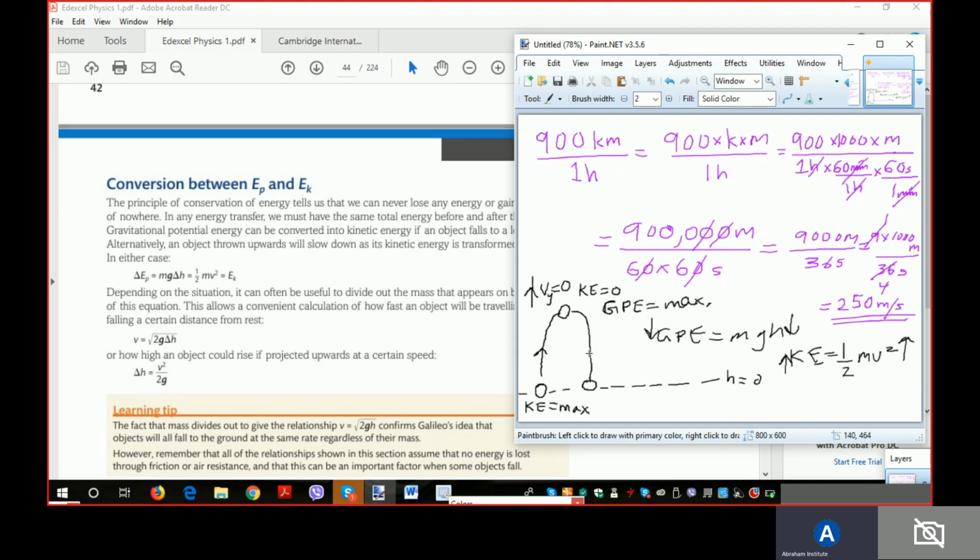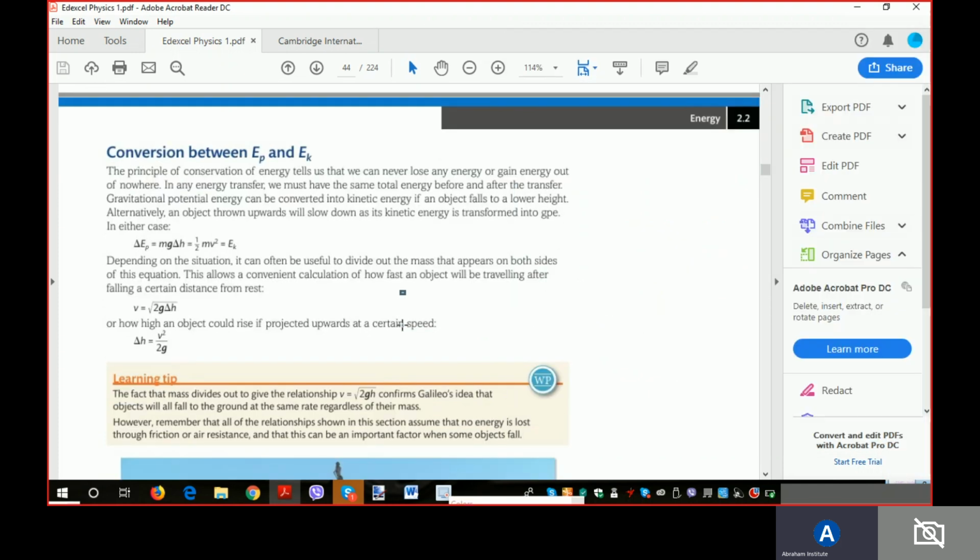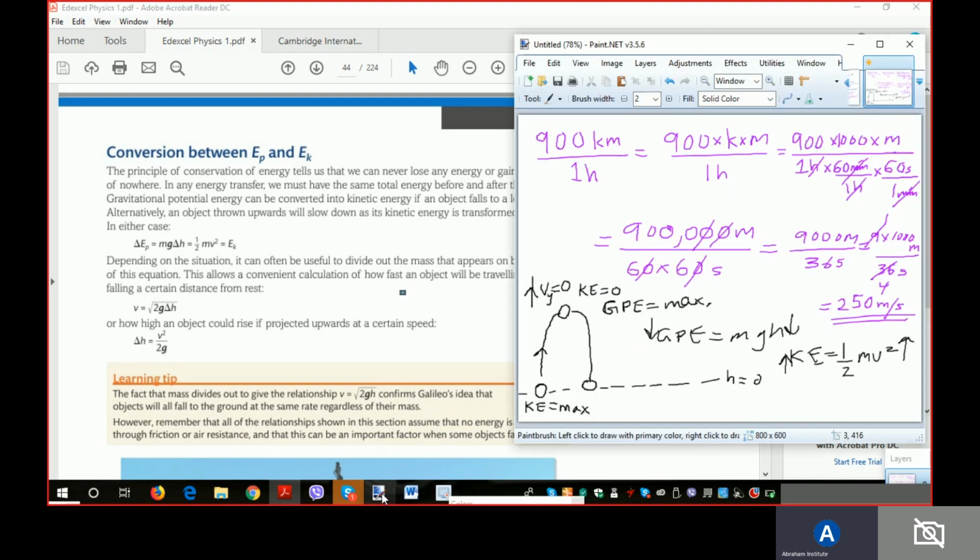When the gravitational potential energy decreases, the kinetic energy increases, because whatever decrease in gravitational potential energy should be equal to an increase in kinetic energy, since the energy is not converting to any other forms. According to the law of conservation of energy, energy cannot be created or destroyed. It can only be converted from one form to another. So that's what they are doing here. They are using that equation, kinetic energy equals gravitational potential energy.